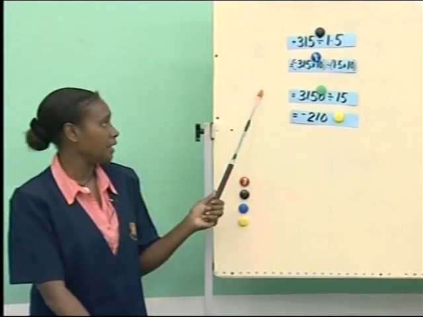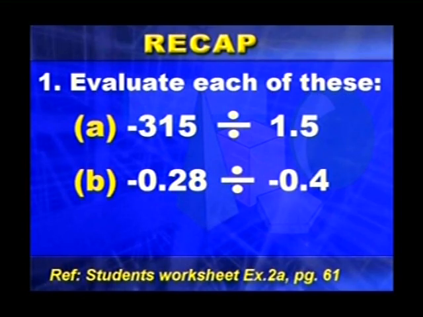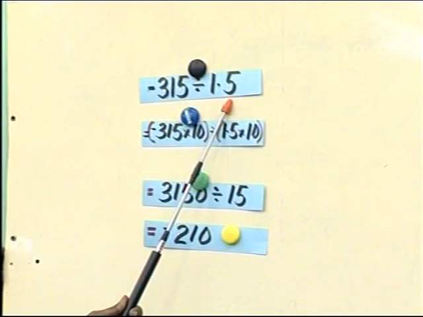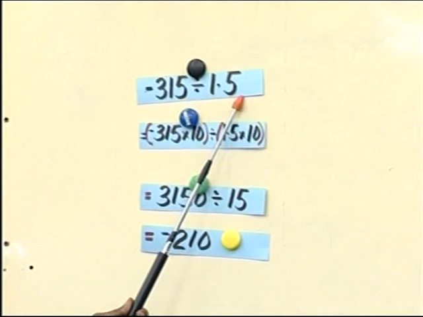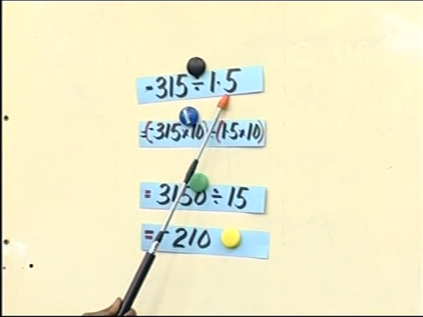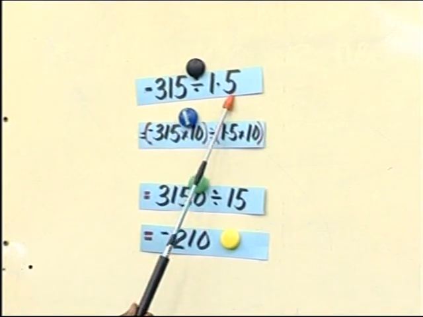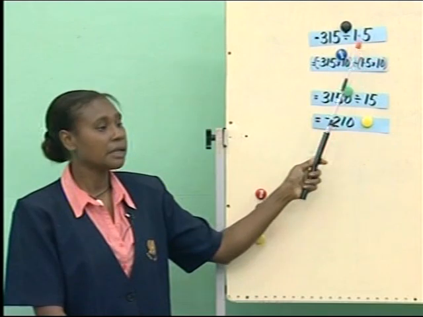Exercise 1A. We have negative 315 divided by 1.5. The rule says always change the divisor to a whole number, depending on the number of places after the decimal point from the divisor. Here we have one number after the decimal point. So we are to multiply this divisor by 10.